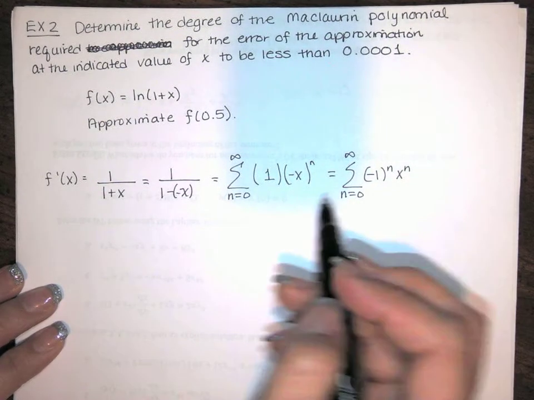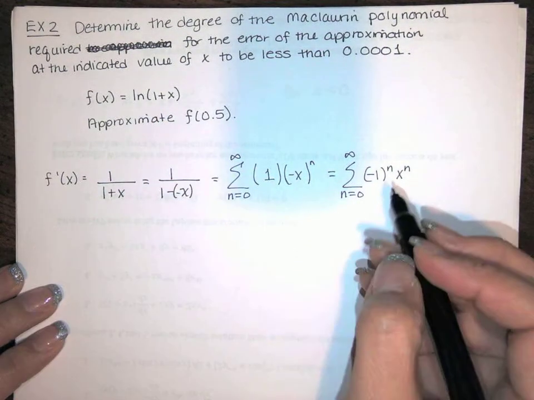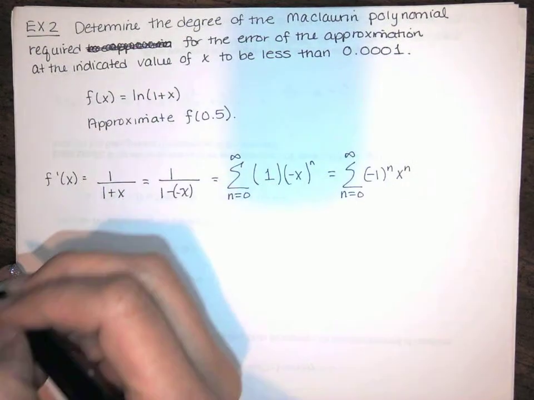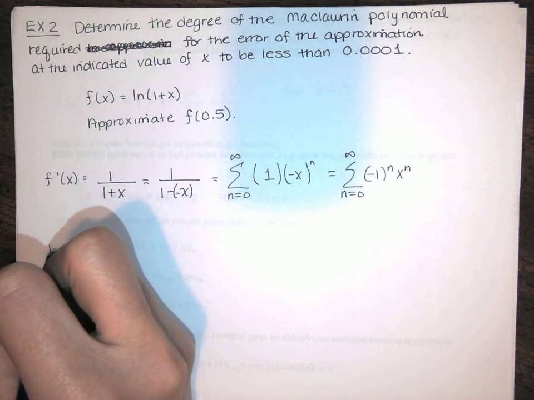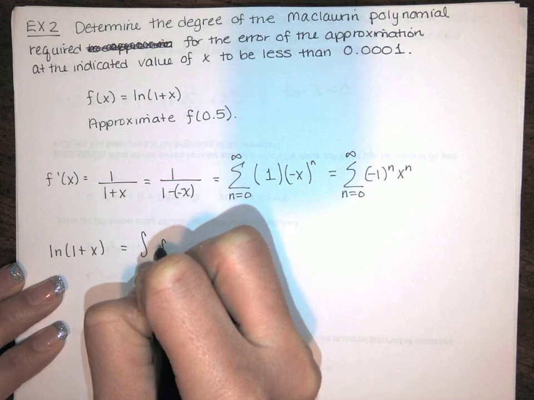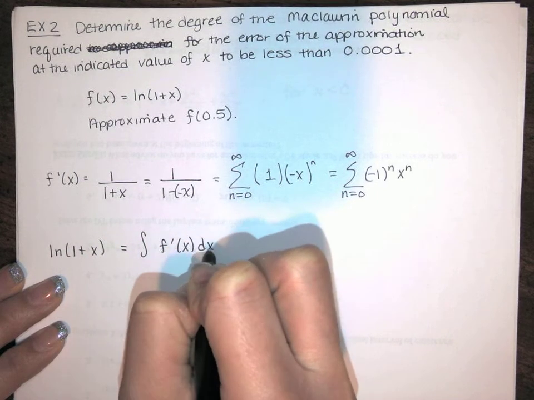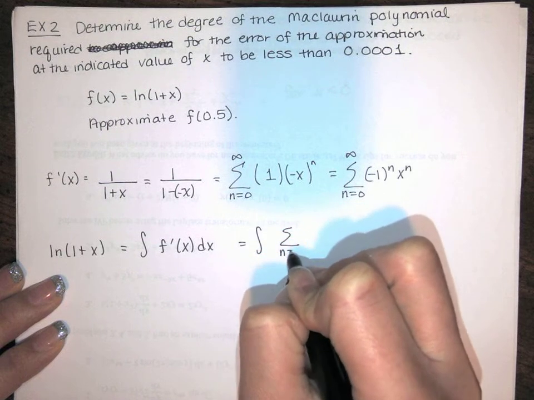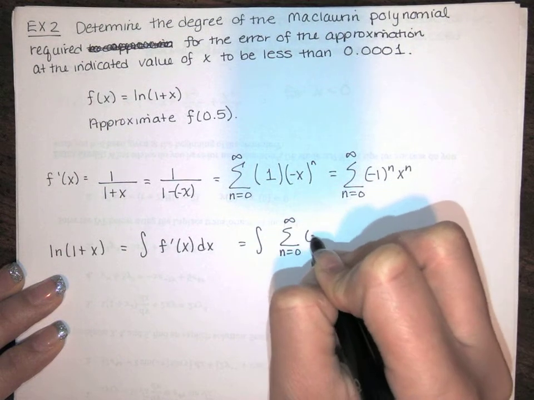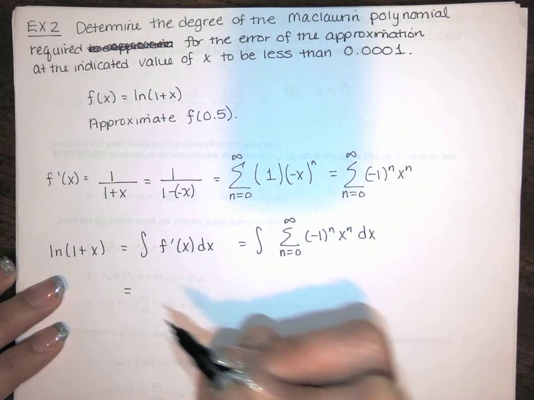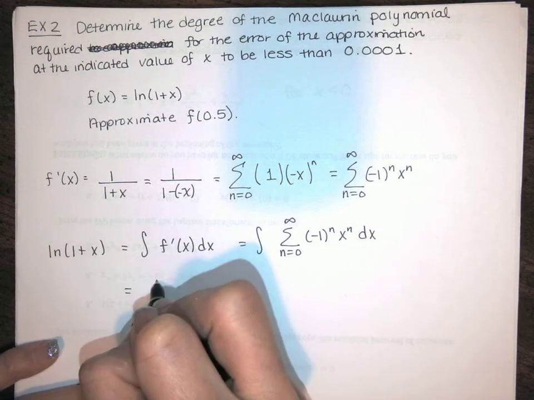To get the power series for f, I need to anti-differentiate that. I'm trying to get this series for f back. So natural log of 1 plus x is the antiderivative of the derivative of f. And so we take the antiderivative of this infinite series term by term, and we get this.